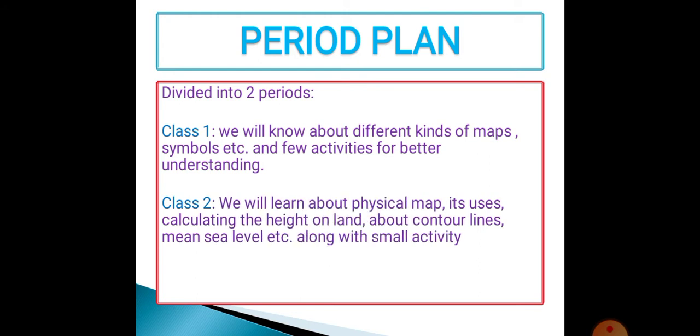In the second period plan, I'll talk about physical maps and their uses, how to calculate height on land, contour lines, mean sea level, etc. There will also be an activity in the second class.